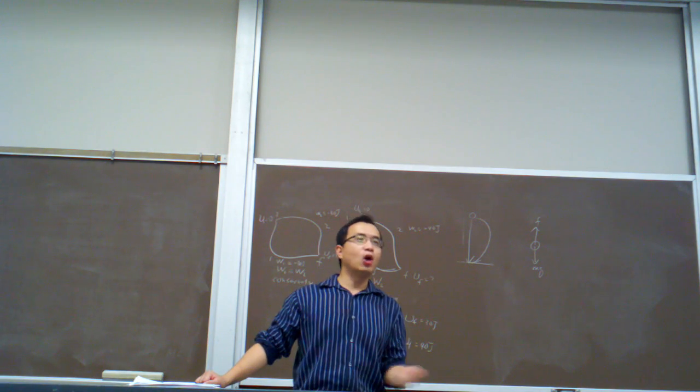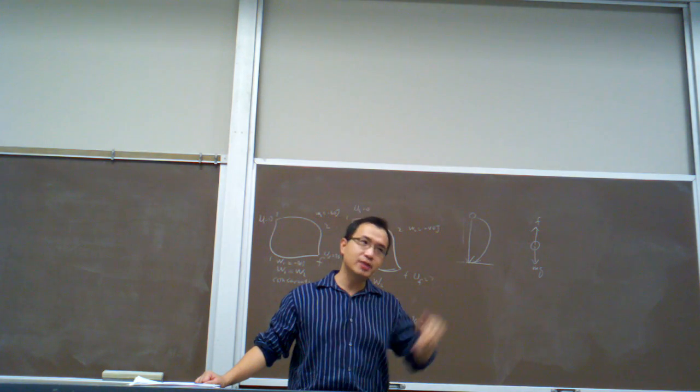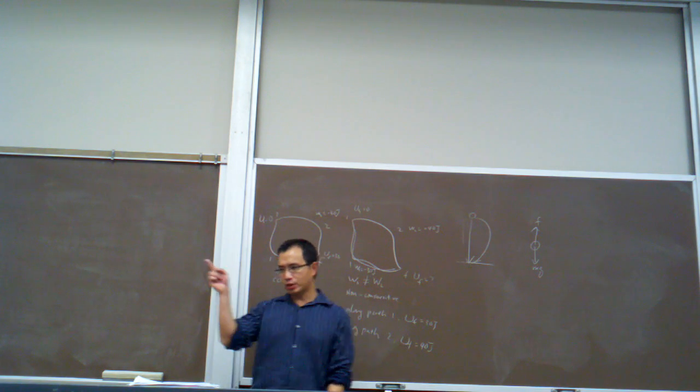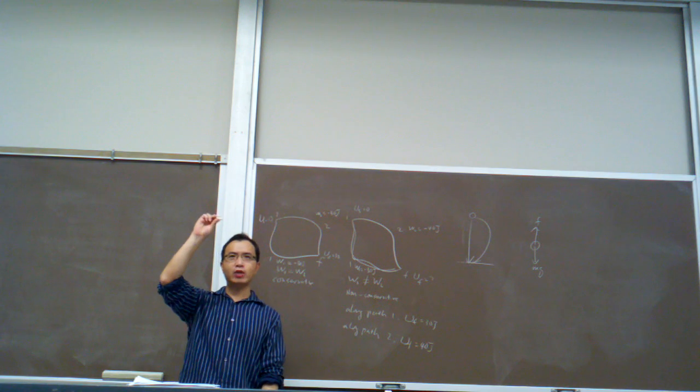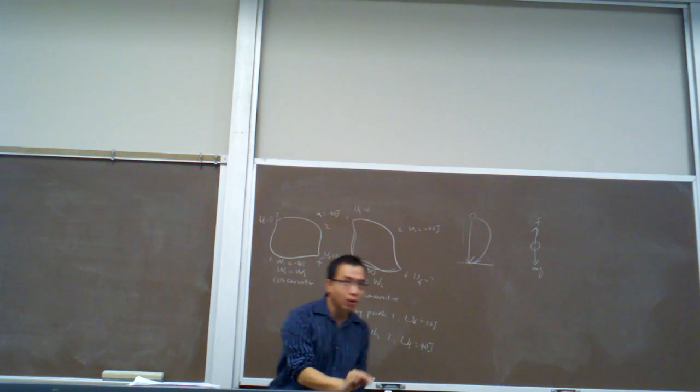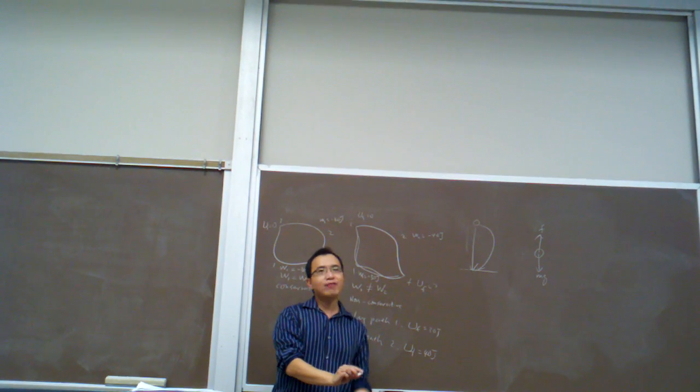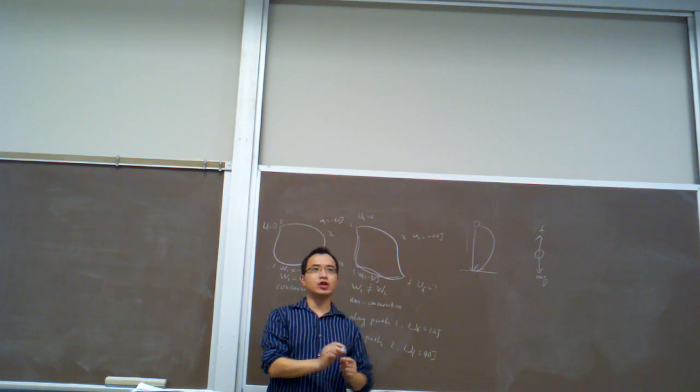Work is always meaningful because it depends on the path. But when we say potential energy, it's only meaningful if we can say that at a particular point, like this point, potential energy is 30 joule, and at this point, the potential energy is 20 joule. So you have to assign one unique value for each point.